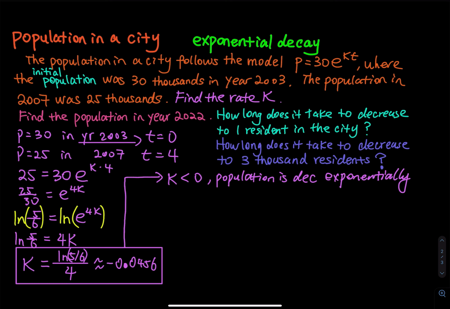So now the population model: population equals initial population times e to the negative 0.0456 times t. Now, the next question is, how many decimal places should I use for k?